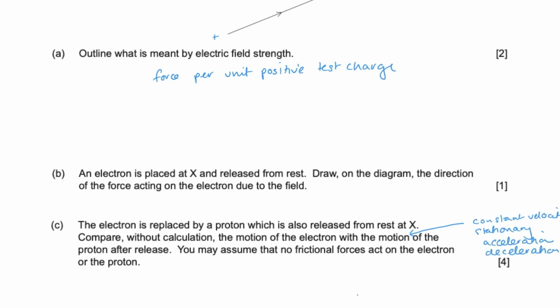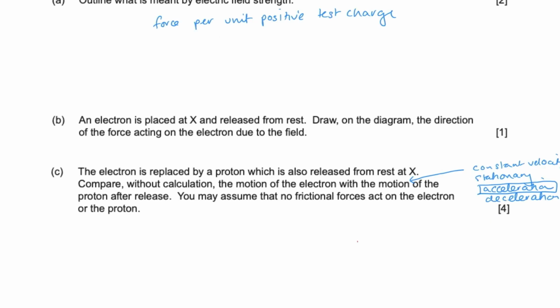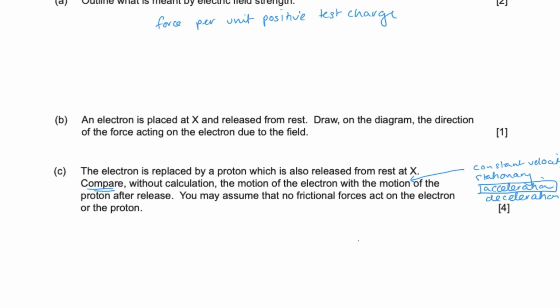And in this case, we're obviously going to look at acceleration. It's not going to stay constant because it's experiencing a force. The other thing that stands out about this question is the idea of comparing the electron and the proton. And I'd like to have a quick look, before I write anything down, at what the differences between an electron and a proton are.